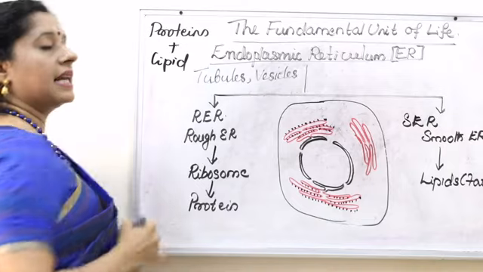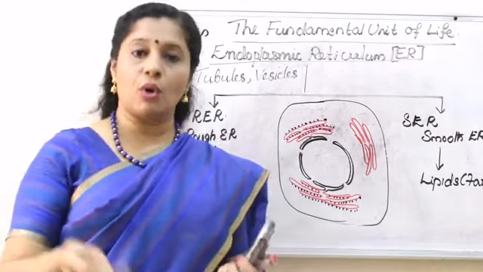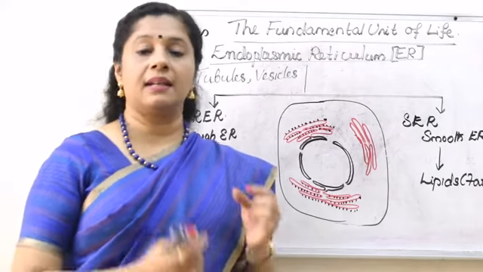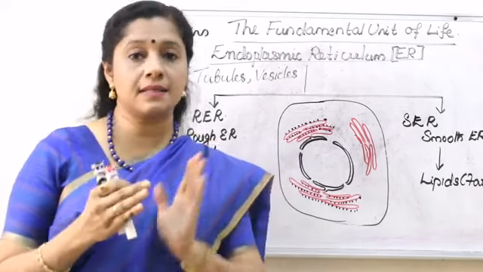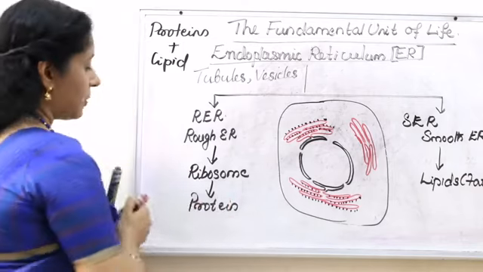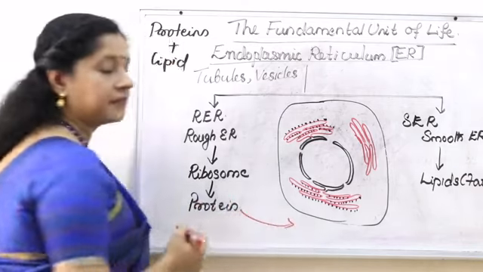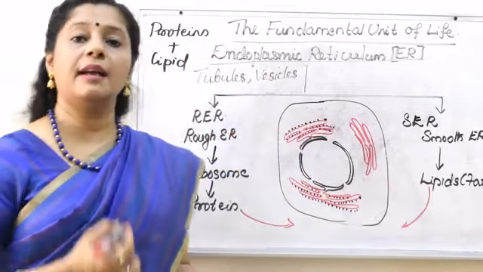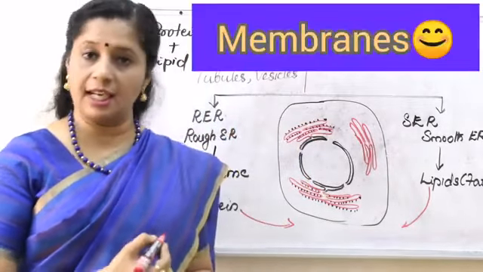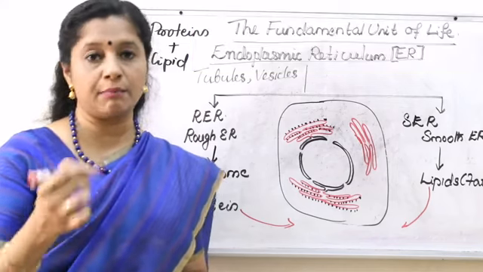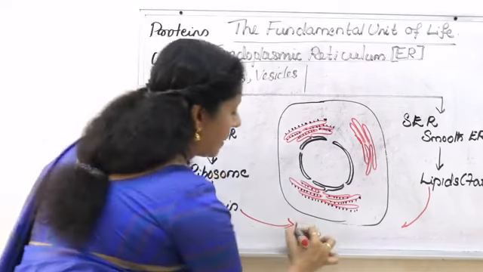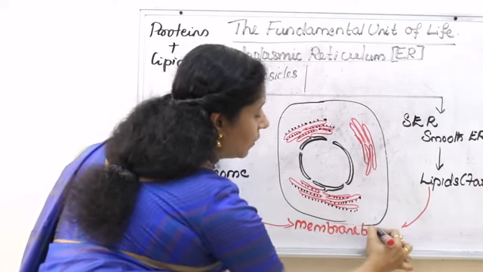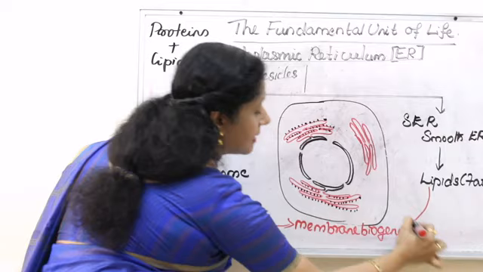So when the cell has to make a new membrane or new organelles, it has to make the membrane. For making the membrane, the cell needs proteins as well as lipids. So proteins produced by the RER and lipids produced by the SER can be used for making new membranes which are lipoproteinaceous in nature, that is made up of lipids and proteins. This process is called membrane biogenesis.